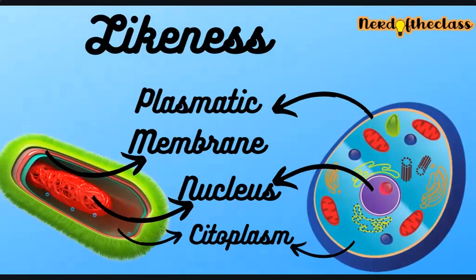Likeness: these two are similar because both are cells, so consequently they need to have something in common. Both have a plasmatic membrane, nucleus, and cytoplasm. In the plasmatic membrane, there are differences that we are going to talk about later. In the nucleus, we have the difference that we already discussed.